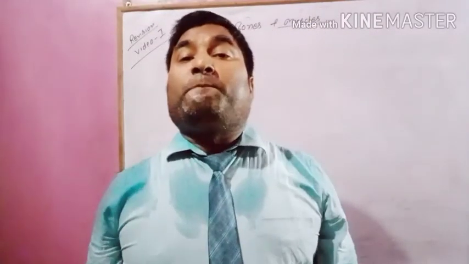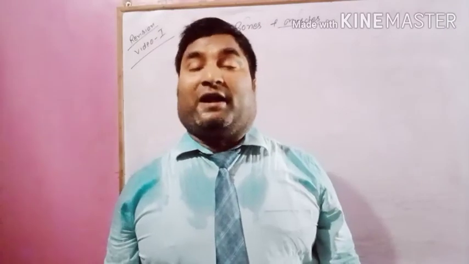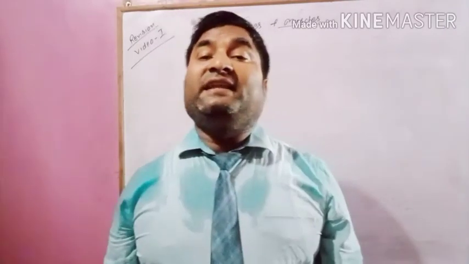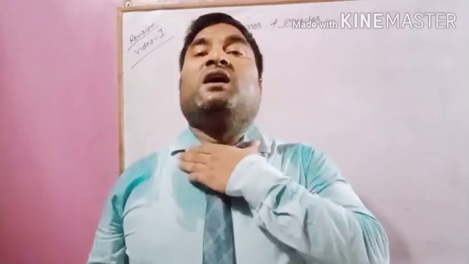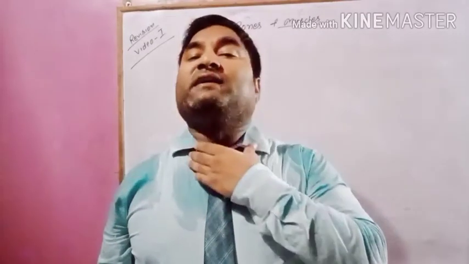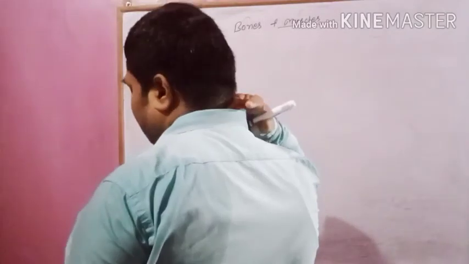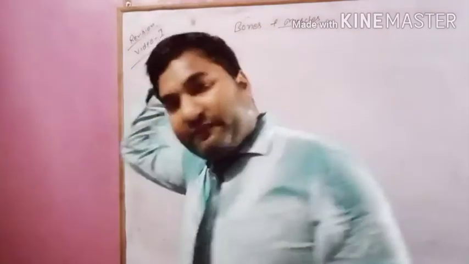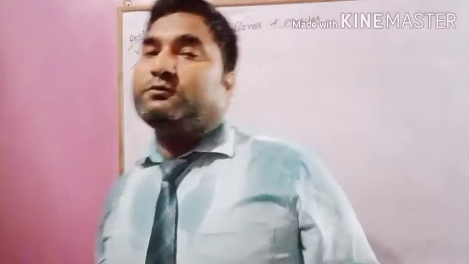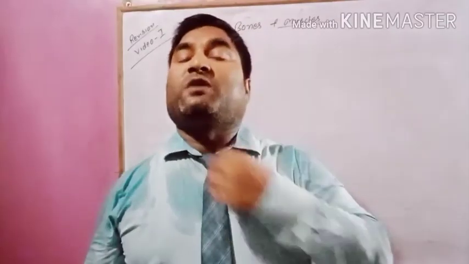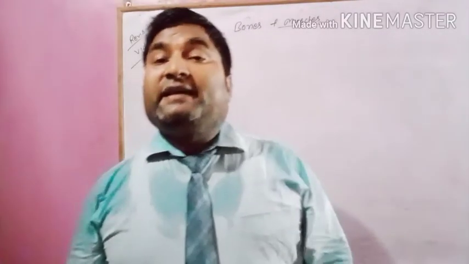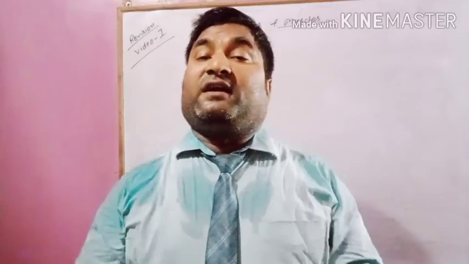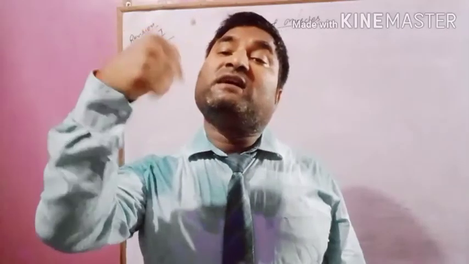Next is pivotal joint or pivot joint. Pivot joint is seen in the neck, between the head and the backbone. Next is gliding joint. Gliding joint is found in the wrist.